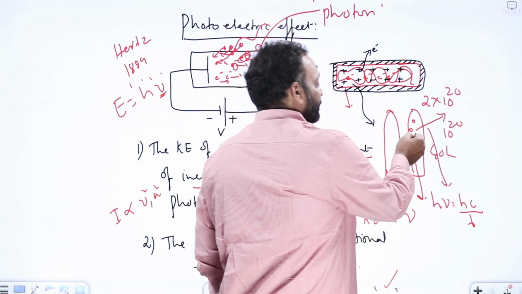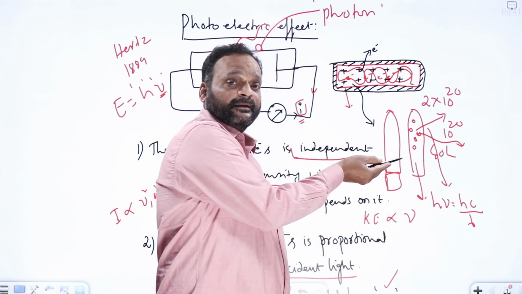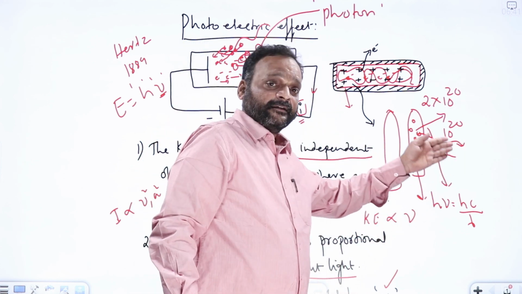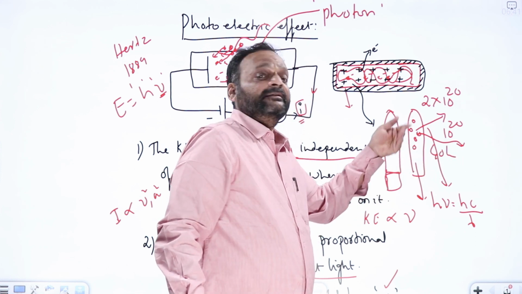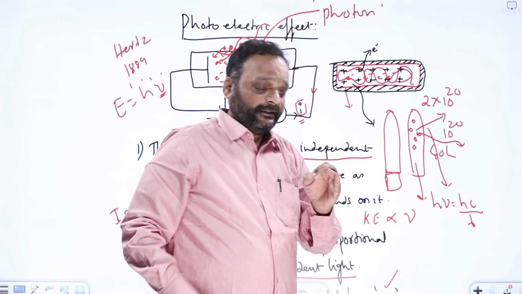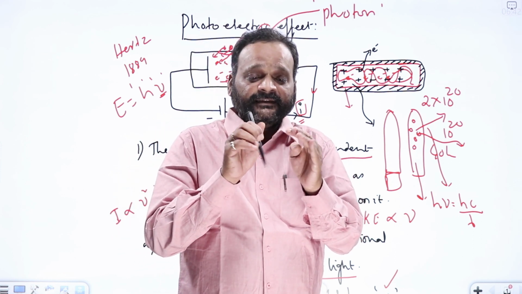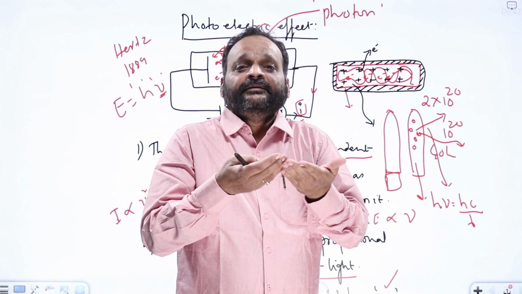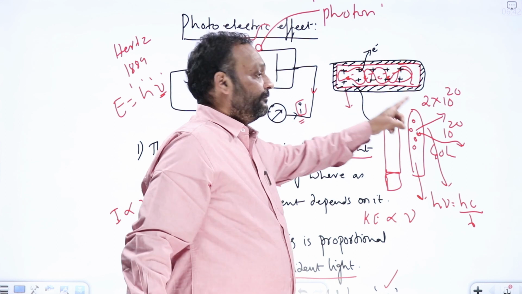But the energy of each photon remains the same because we are not changing the frequency of the light coming from the sodium atoms. We are simply increasing the intensity. According to quantum theory, the energy of a photon depends on frequency. Without changing the frequency, increasing the intensity simply increases the number of photons. The energy of each photon remains the same.